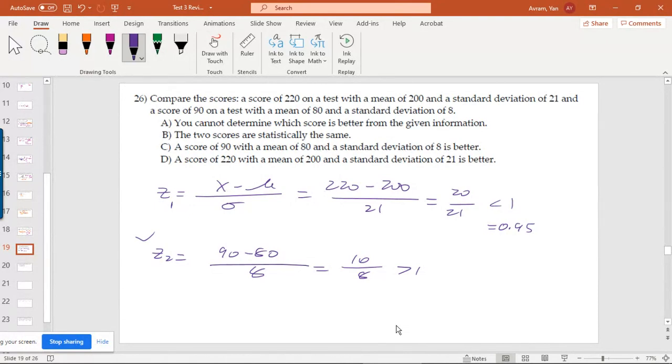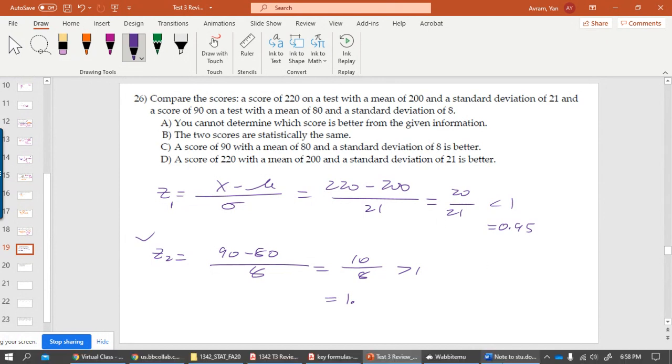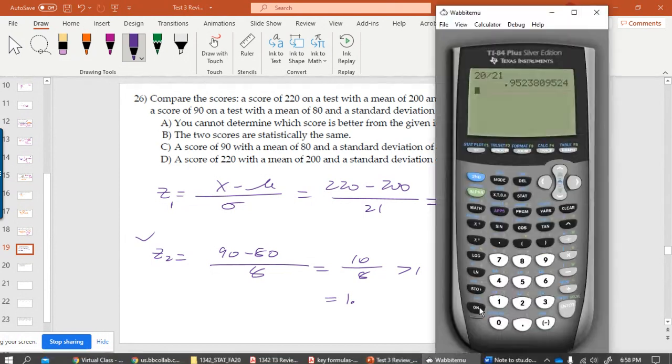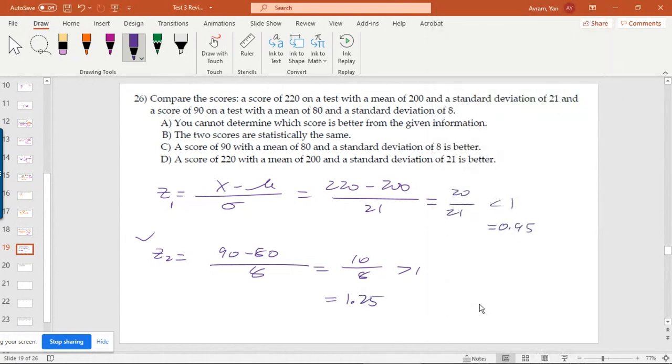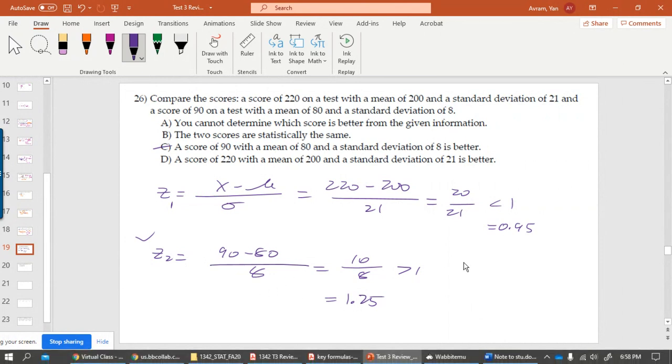This numerator is greater than the denominator, so I know this one will be 1 point something, so I know which one is better. If you want to calculate a real number, you can do that. Okay, that's 1.25. So whichever G-score is higher is better. All right. So that should be C here, because you have a second test, you have a higher G-score. Okay, and that is better.